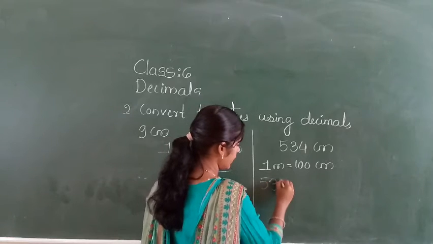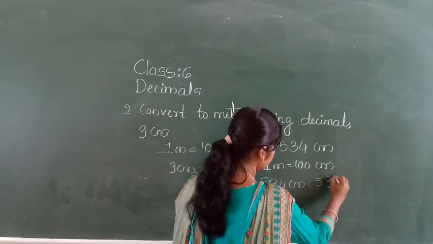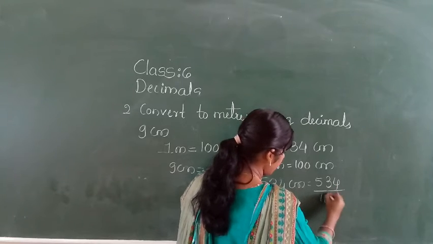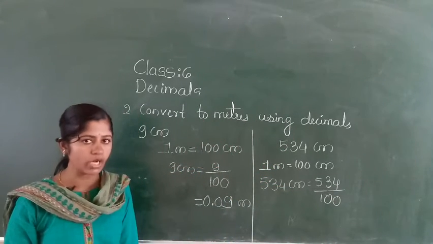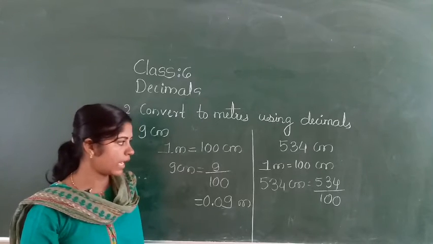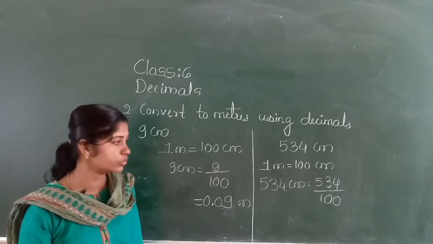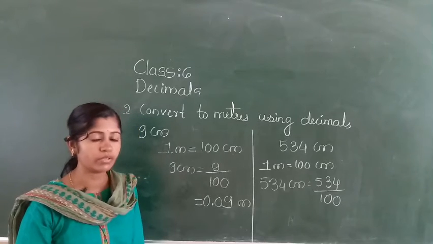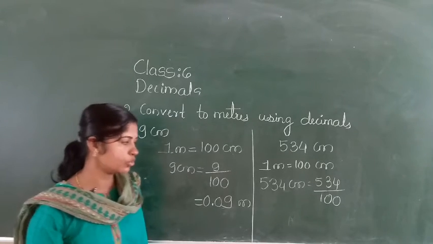Then 534 centimeter is equal to 534 divided by 100. Why did I write 100 here? Because 1 meter is equal to 100 centimeter. That you must and should know. 1 rupee is equal to 100 paise. 1 meter is equal to 100 centimeter. 1 kilometer is equal to 1000 meter. That you should know.